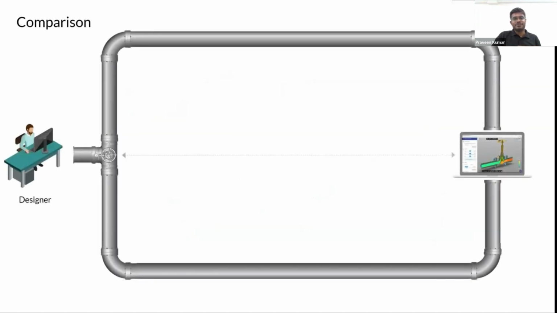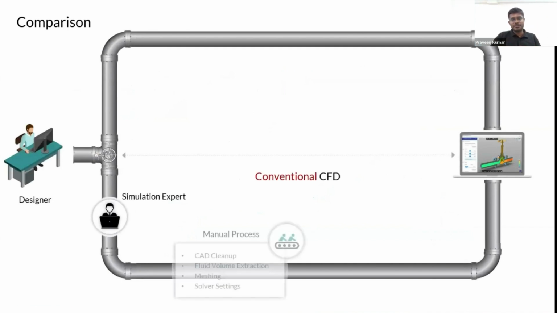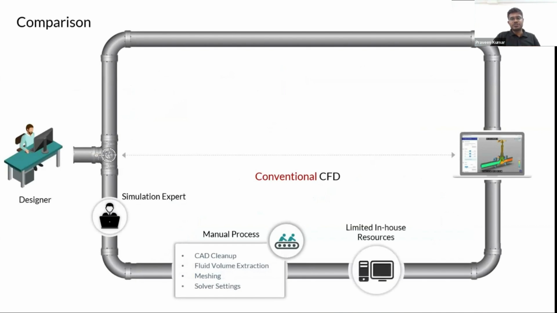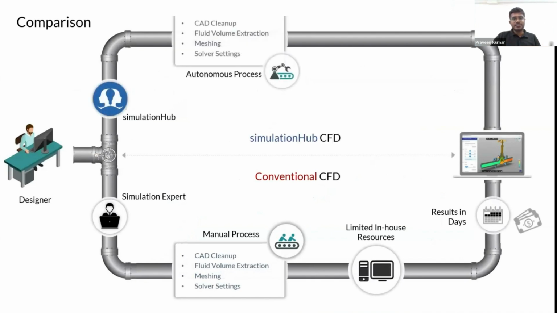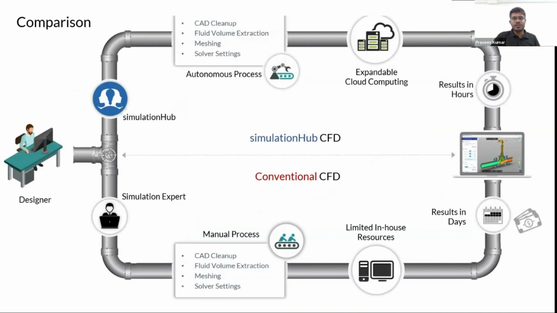This is a comparison of the conventional CFD approach, where you depend on the simulation expert. All the process is manual: the CAD cleanup, fluid volume extraction, meshing, and solver, everything is manual, with limited resources, and then the results take time. Compared to that, in simulation of CFD, everything is autonomous, on a cloud computing platform, and results are available in hours.